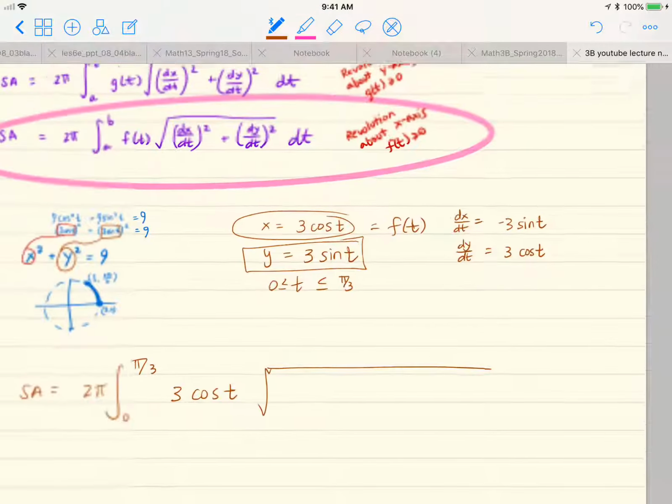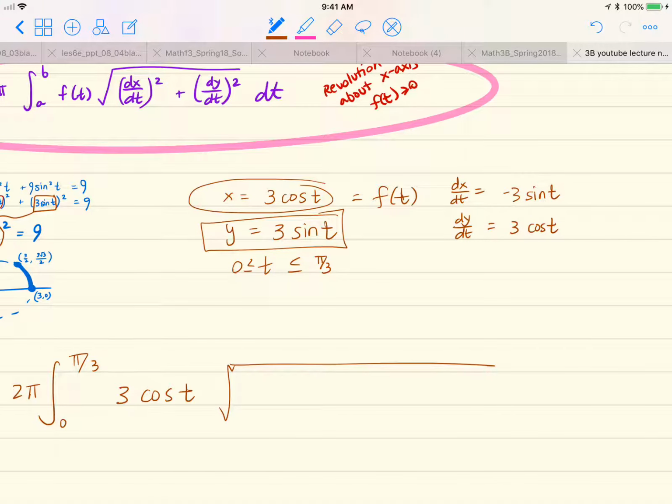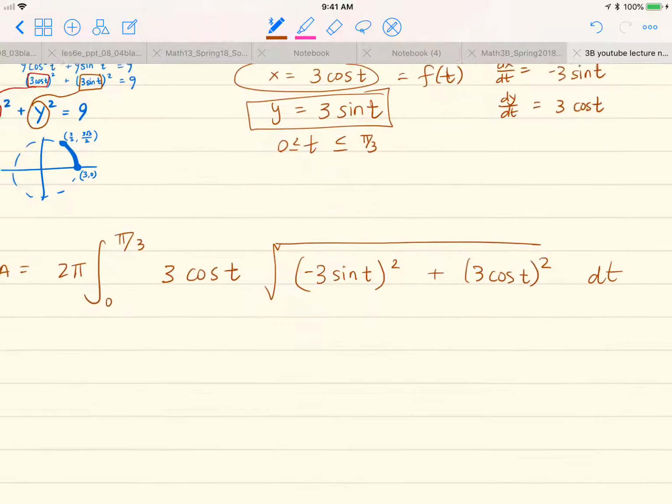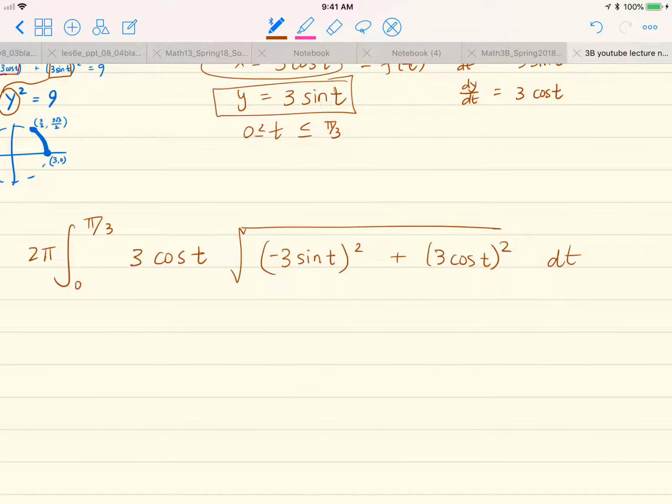Okay, so what do we have here? We need (negative 3 sine t) squared plus (3 cosine t) squared, and all of that dt. On the inside here I'm going to have 9 sine squared t plus 9 cosine squared t. I need the square root of that, times 3 cosine t.